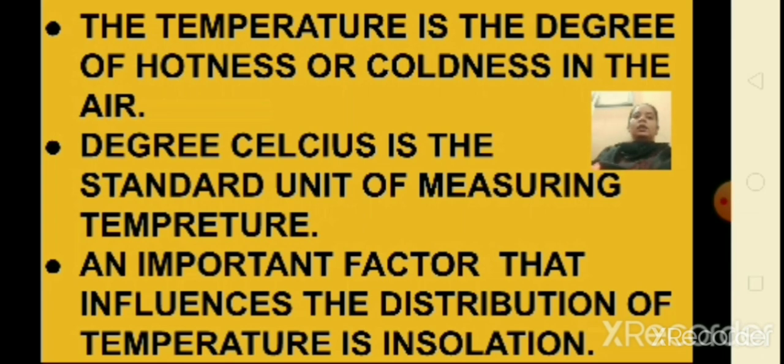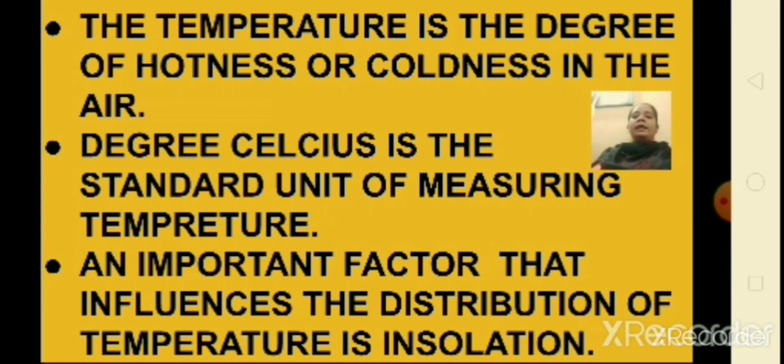The temperature of the atmosphere changes not only between day and night but also from season to season. Summers are hotter than winters. Degree Celsius is the standard unit of measuring temperature.